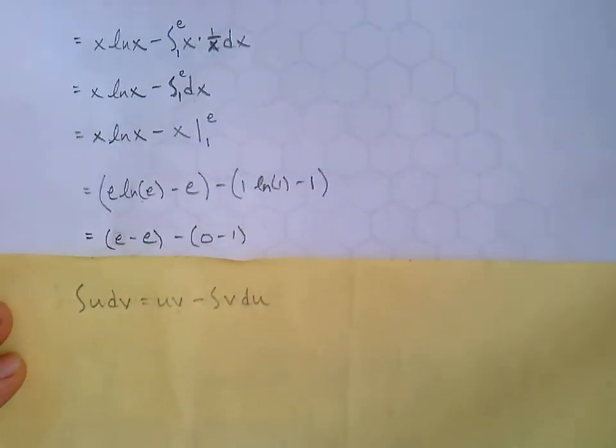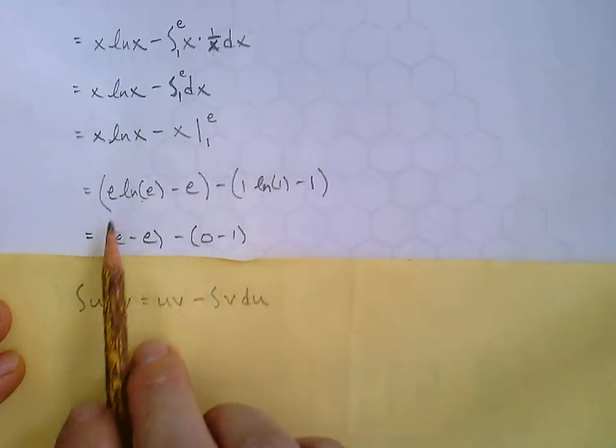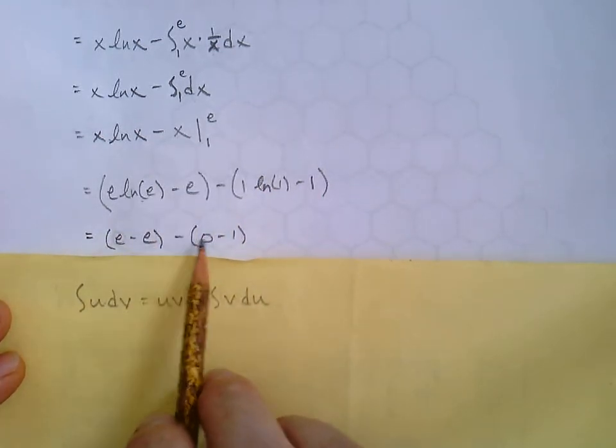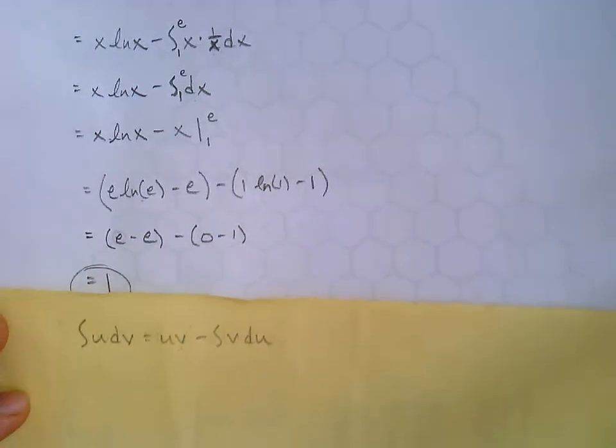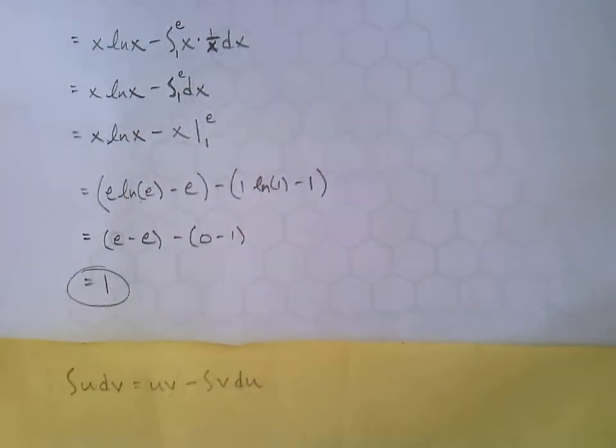So our answer here, we've got e times 1 minus e, 1 times 0 minus 1, e minus 1 minus 0. This whole thing is actually just equal to positive 1 as your answer there, which is kind of cool. And there you go. So doing a definite integral, well, really, there's not much to it.